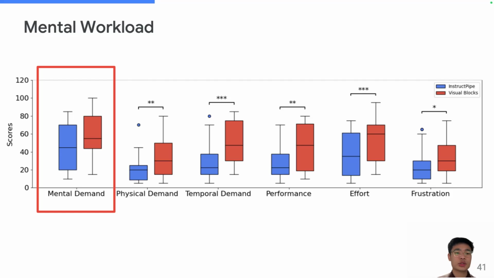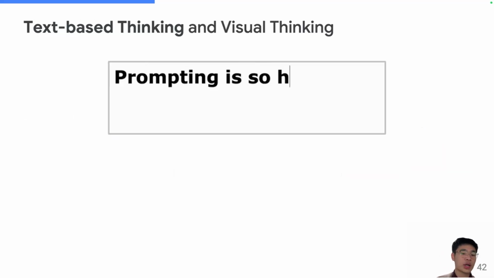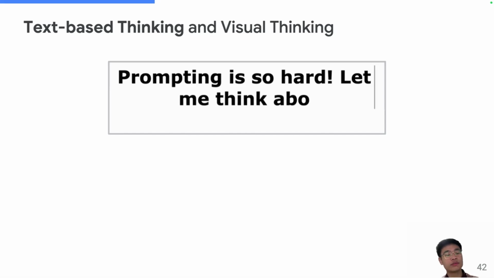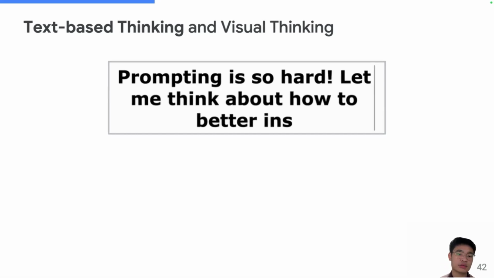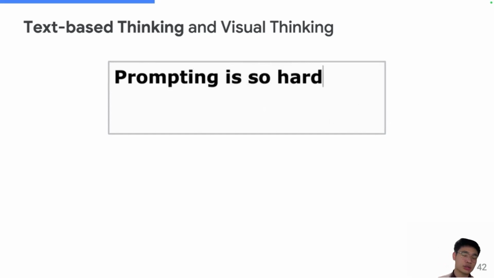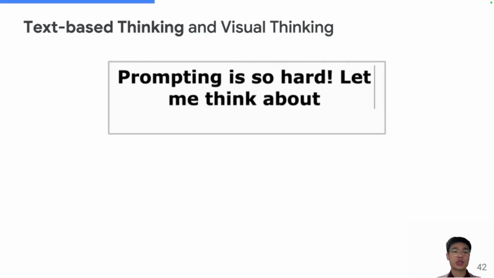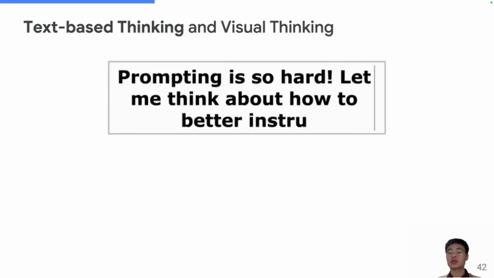If we go back to the previous NASA-TLX results, we can see that our system sometimes failed to demonstrate that it can reduce users' mental workload. But why? From our investigation, we found one very interesting phenomenon: sometimes users feel it's very difficult to prompt. So they spend so much time writing a prompt, because they want to make sure the AI is going to generate something good.